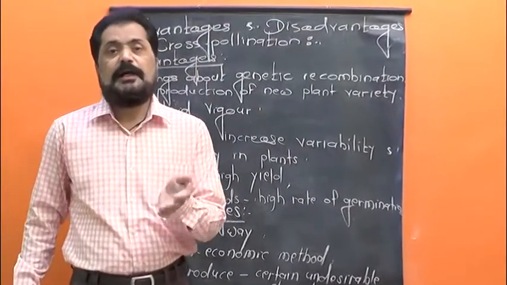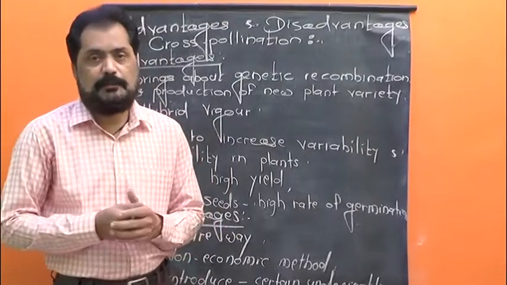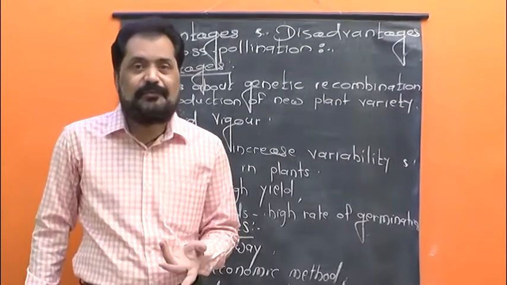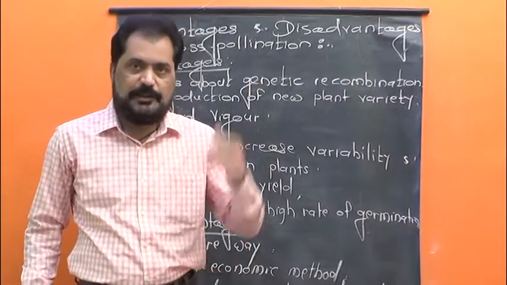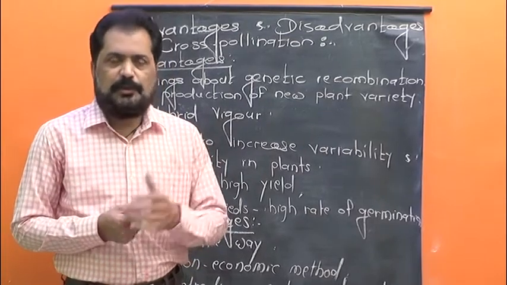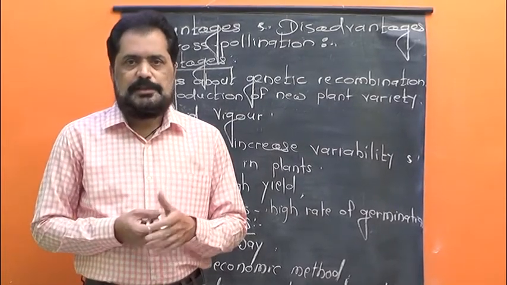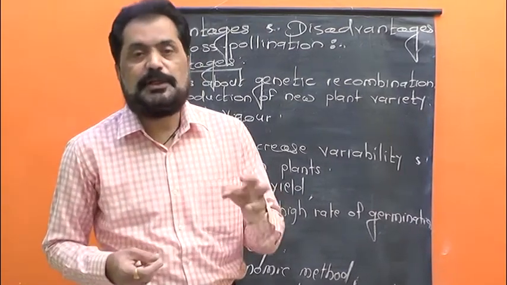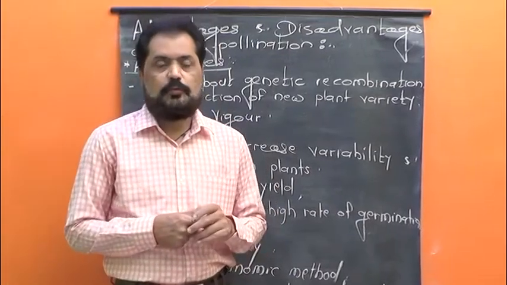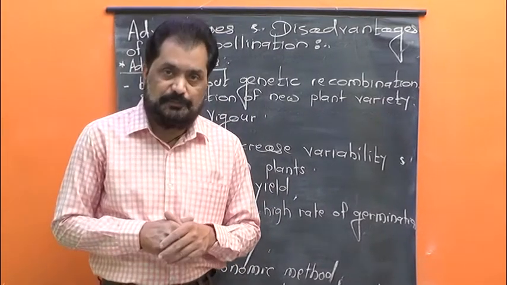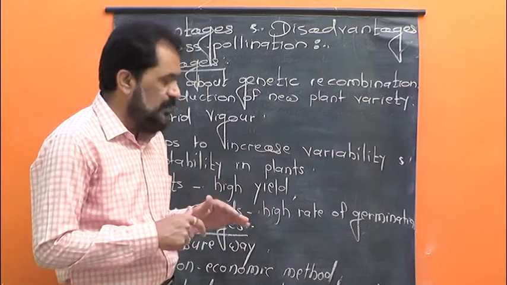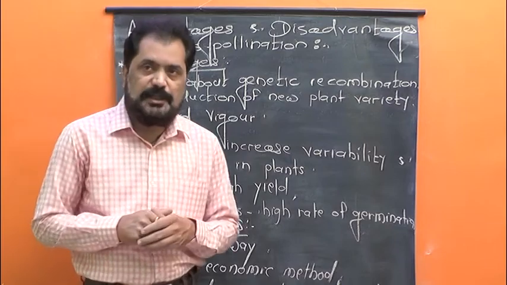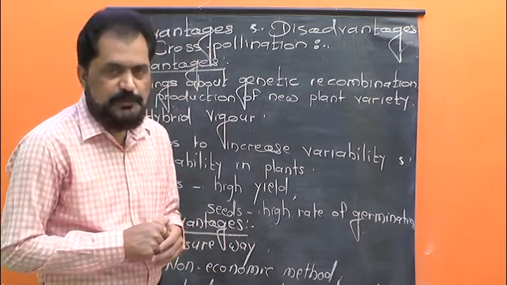So certain undesirable characters of the other plant variety can be introduced into the progeny. It means the purity of characters cannot be maintained, like in self pollination. Self pollination मध्ये आपण शिकलो आहोत की सेल्फ पॉलिनेशन मुळे त्या ठिकाणी कुठल्याही गुणधर्मांचं प्युरिटी मेंटेन केली जाते, त्या ठिकाणी कुठलंही कंटॅमिनेशन ऑफ कॅरेक्टर्स इज नॉट पॉसिबल. मात्र या ठिकाणी देयर इज नो एनी सच चान्स. There may be introduction of certain undesirable characters into the offspring.